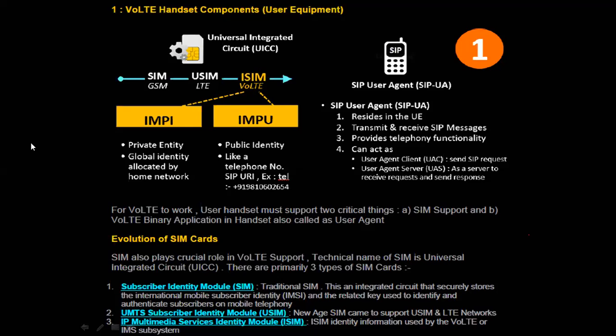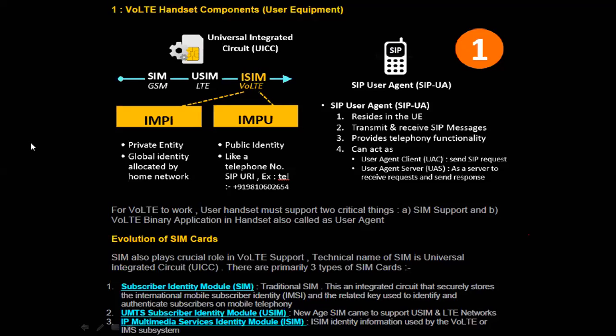Once LTE came, that SIM card was upgraded. After upgrading, it is called a USIM. USIM stands for UMTS subscriber identity module. This is the new age SIM that came to support the LTE network.